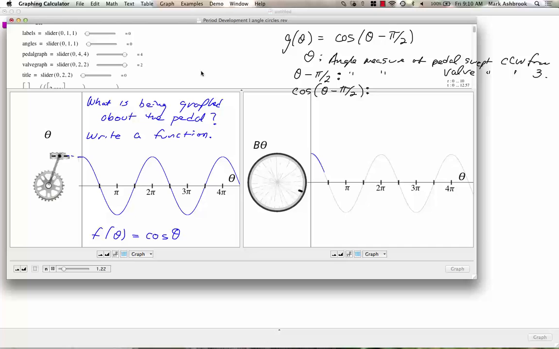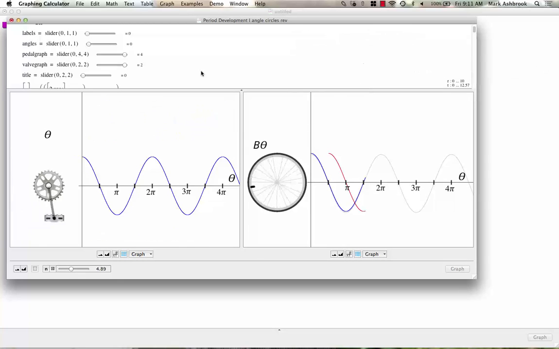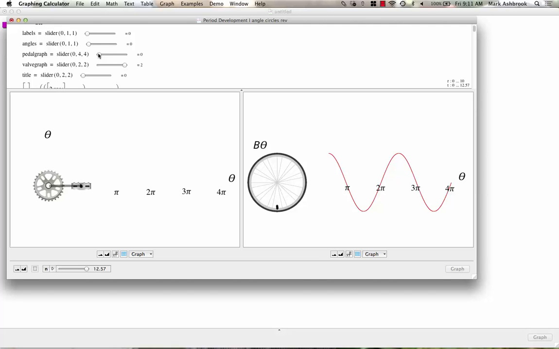All right, so I want to show you something here. Stop this. I still want the axes.